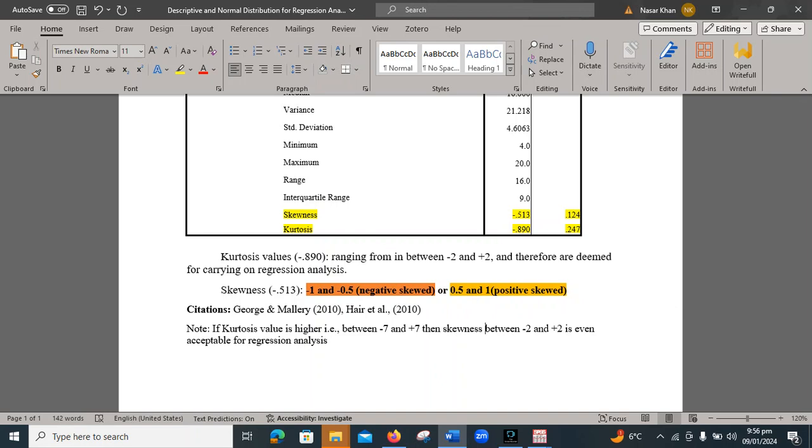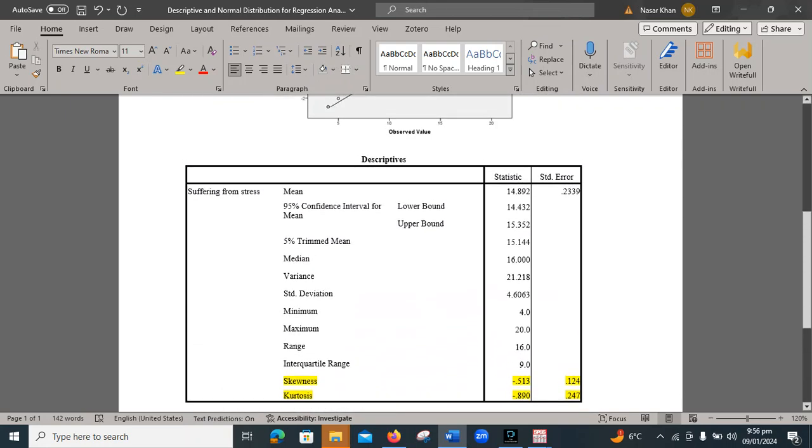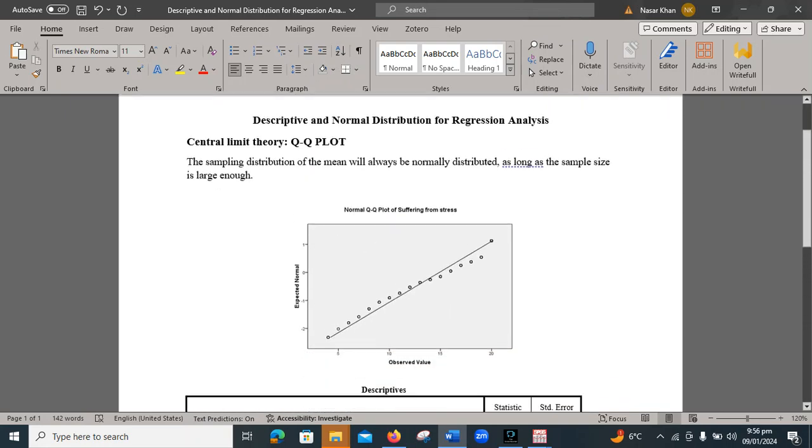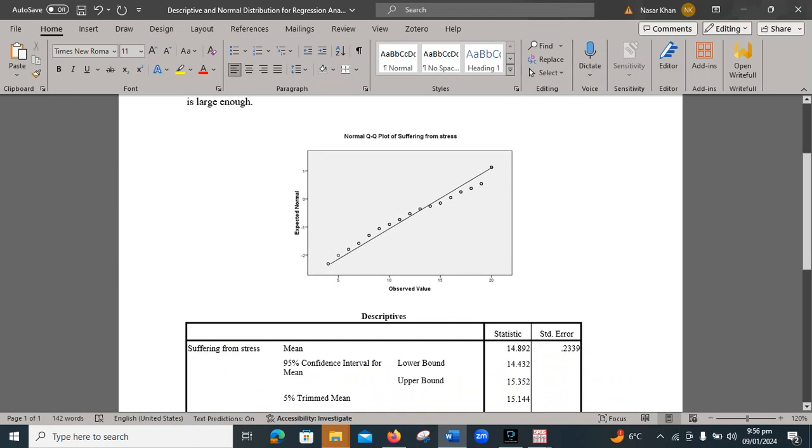So if the kurtosis value is high, then higher skewness can also be accepted. There is a bit of flexibility and discussion in this regard, but these are the requirements of normal distribution. So this analysis shows that the indicator, which is stress, is normally distributed, and it can be used as a dependent variable or an independent variable in the regression analysis.